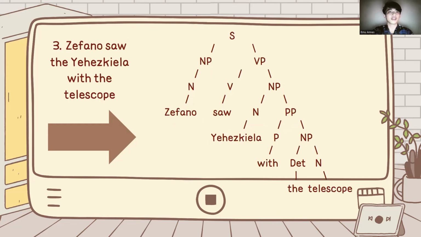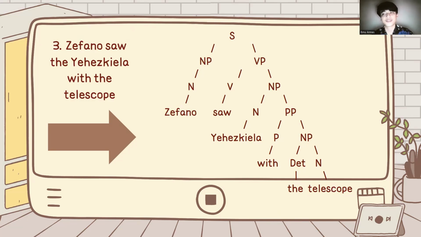And the third one is Stefano saw the Yeheskela with the telescope. Like number 2, this sentence number 3 is really ambiguous. With the prepositional phrase, the telescope can describe the Yeheskela or maybe Stefano himself. The tree diagram shows two possible meanings: Stefano used the telescope to see Yeheskela, or Yeheskela had the telescope herself.